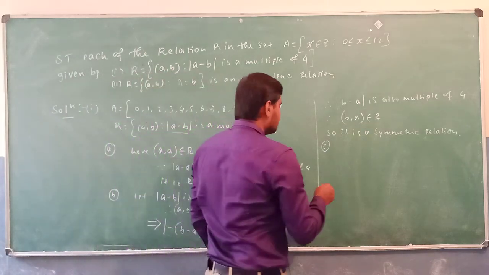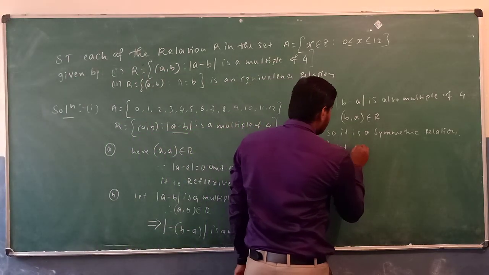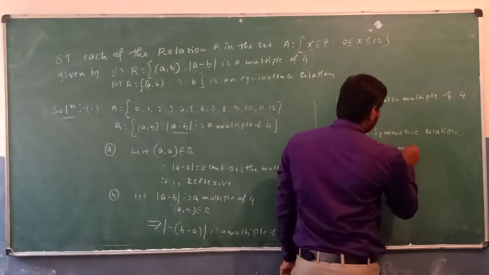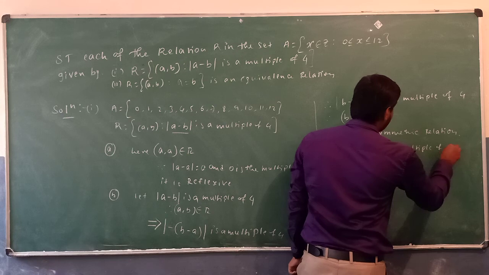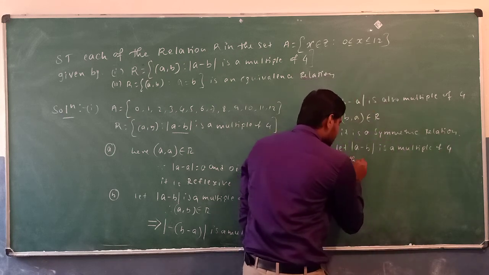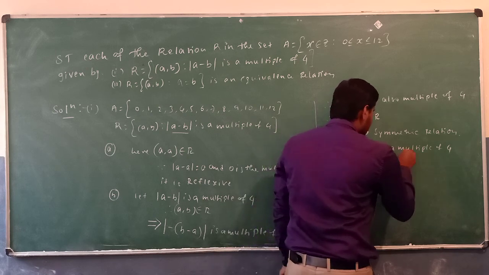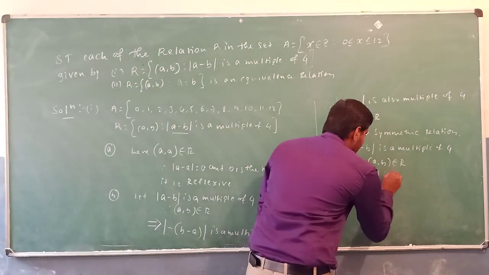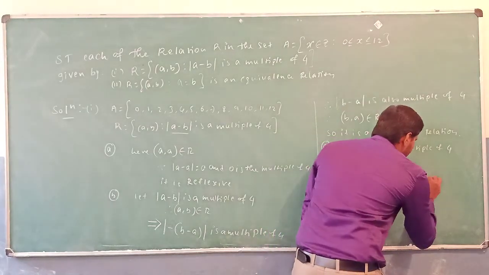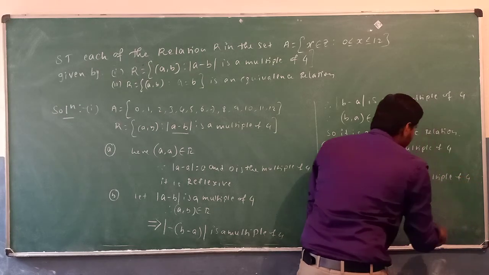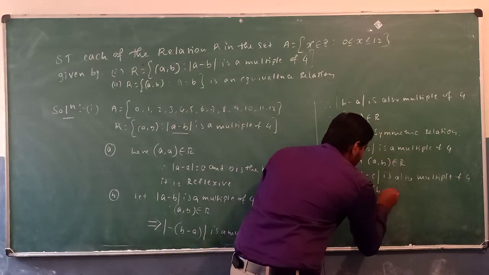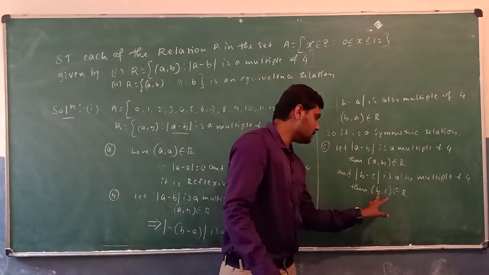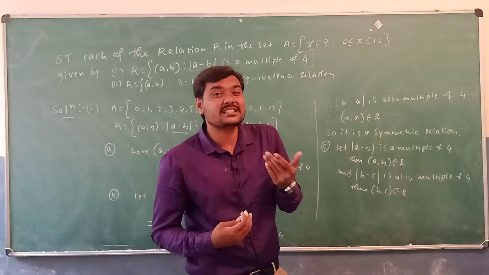Let the modulus of A minus B be a multiple of 4, then A comma B belongs to R, and B minus C is also a multiple of 4, then B comma C is also belongs to R. I am taking two such situations, that A comma B belongs to R and B comma C also belongs to R. Then we need to prove that A comma C also belongs to R.